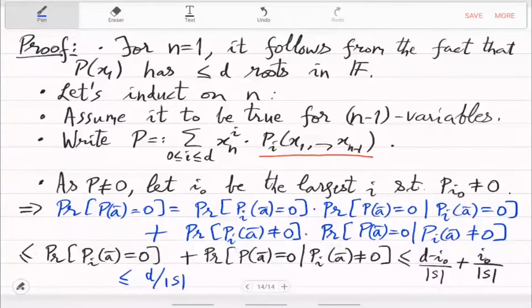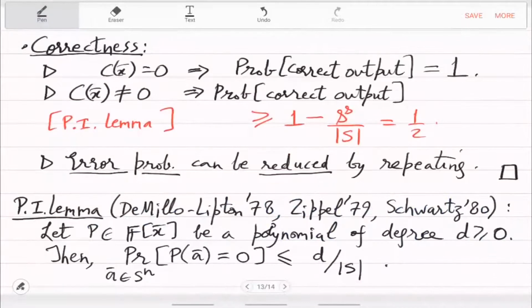D minus I0 plus I0, so that's d by S, which you wanted to prove. So that's the end of the proof. So this is where you used induction. D minus I0 is the induction part on n minus 1 variables, and the second part is just the base case, univariate. So this is a very nice lemma. The proof is very simple but clever.